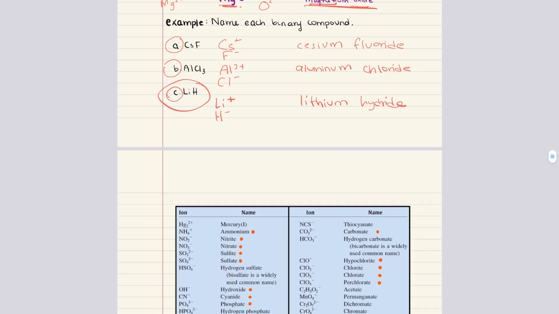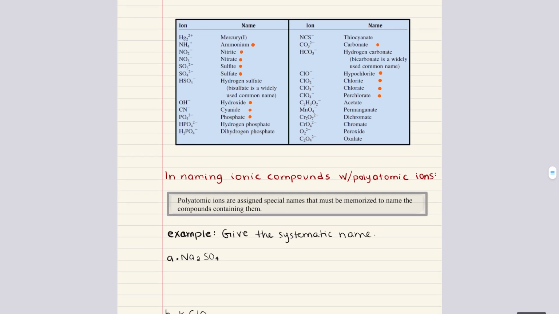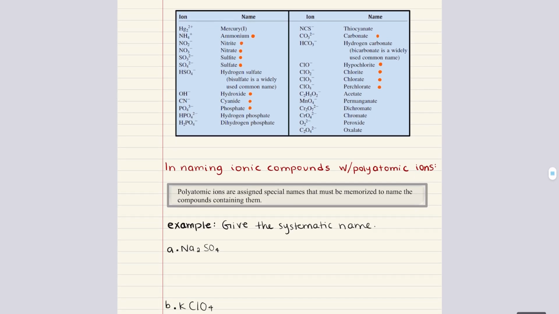Now that we've covered naming binary ionic compounds, let's extend this to compounds that contain polyatomic ions. Unlike monatomic ions, which consist of a single atom with a charge, polyatomic ions are groups of atoms that are covalently bonded together but still carry an overall charge.